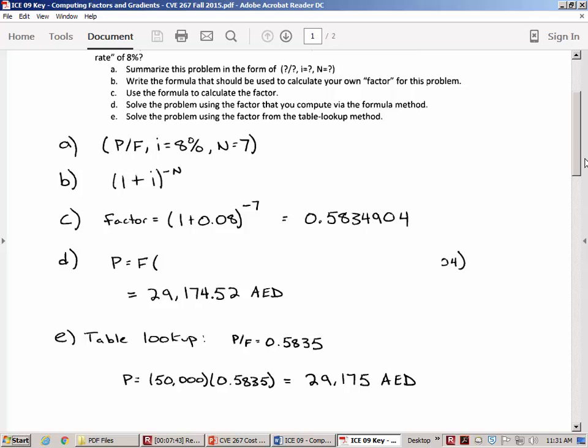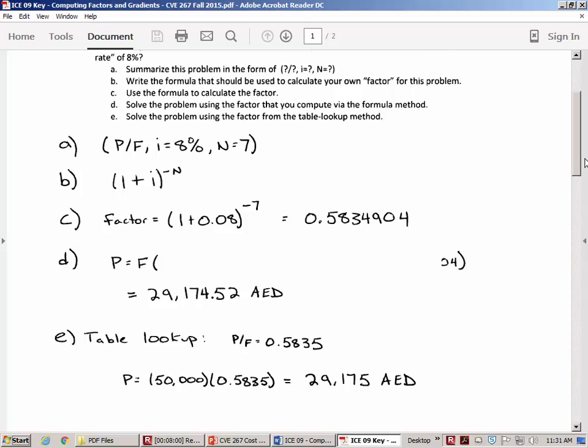If you look on the table lookup factor, it just has 0.5835. Now, that's not different than what I calculated, but it doesn't have as much precision. 0.5834904 and so on.